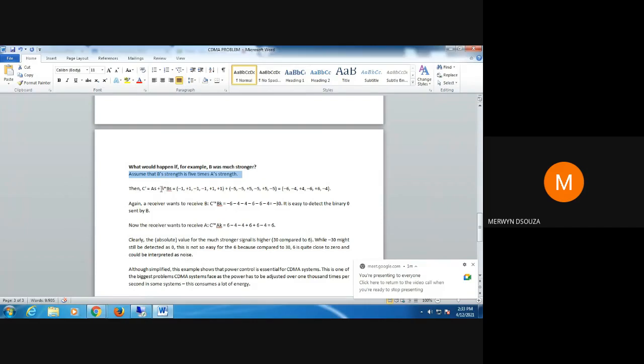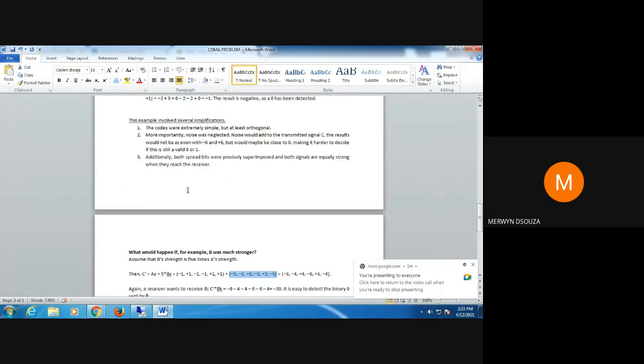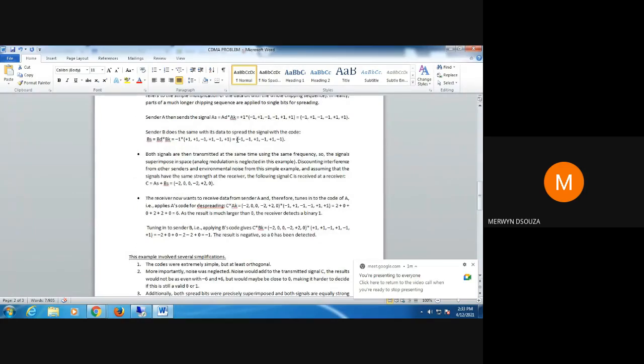So what we are doing is making the signal of B 5 times stronger here. Instead of having all the values in ones, since it's 5 times stronger, the signal of B that we had obtained here will be multiplied by 5.